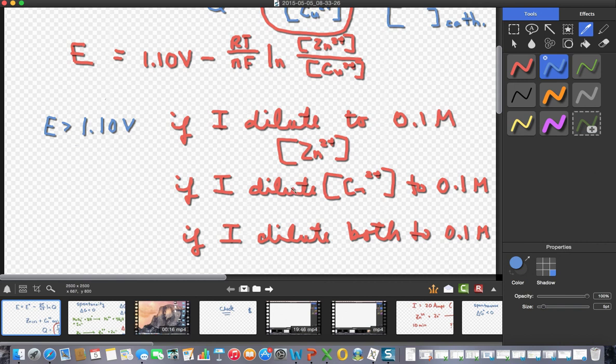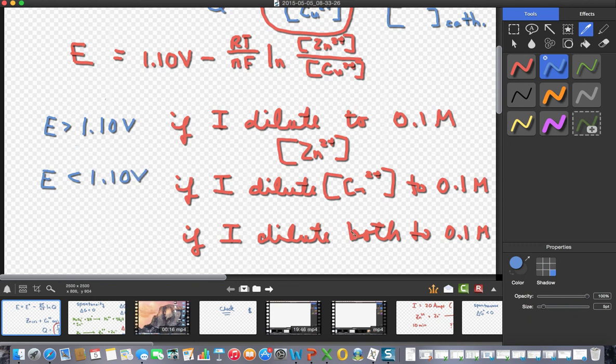If I dilute copper 2+ to 0.1, now 1 over 0.1 is 10. This log will be a positive number. I will be subtracting a positive number from 1.10 volts. In this case, E will be less than 1.10 volts.